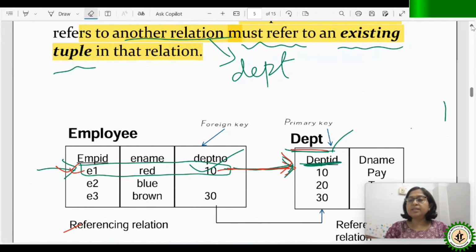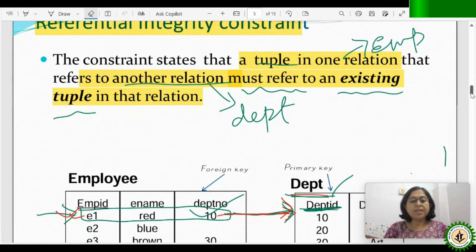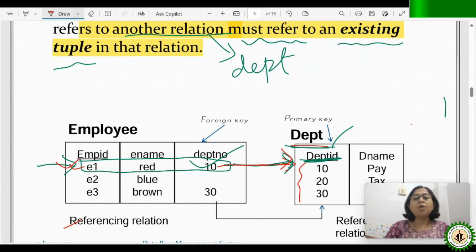The employee relation is referencing a tuple of the department relation, which must be existing. This employee E1 must work in a department which actually exists, isn't it? If it is not existing, how can it refer? How can it join?